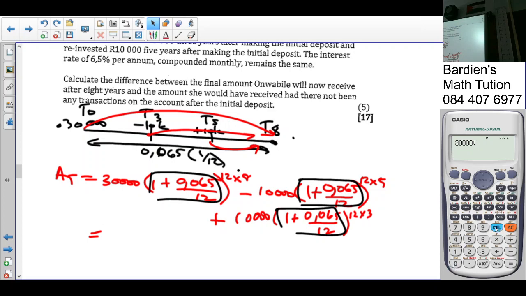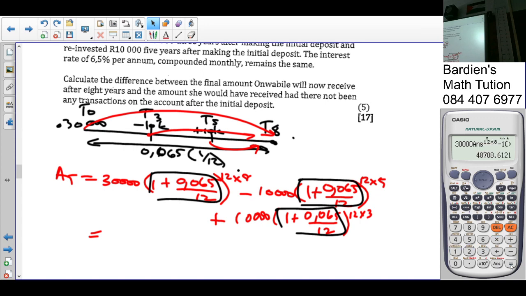So it's answer to the exponent 12 times 8, minus 10,000 answer to the exponent 12 times 5, plus 10,000 answer to the exponent 12 times 3.